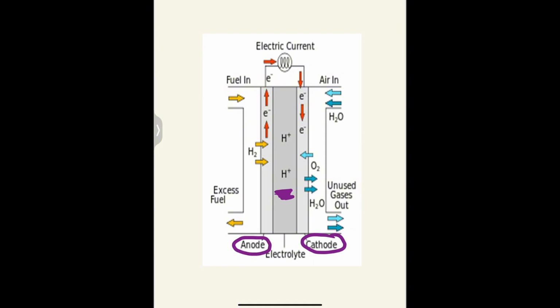Right, so let me explain to you what is going on in this diagram. What's happening first is that the cell will have a supply of hydrogen gas, which is a fuel, that's going to come in this way where my arrow is pointing. Now, at the negative electrode, which is the anode again, hydrogen molecules split into electrons and hydrogen ions.